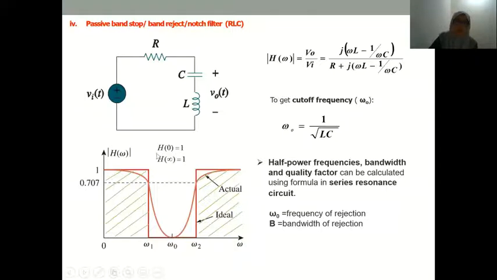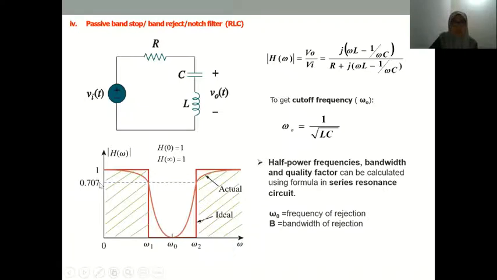Then you put the omega at 0, so you have H equal to 1. When you replace the omega with infinity, you get your H is equal to 1.